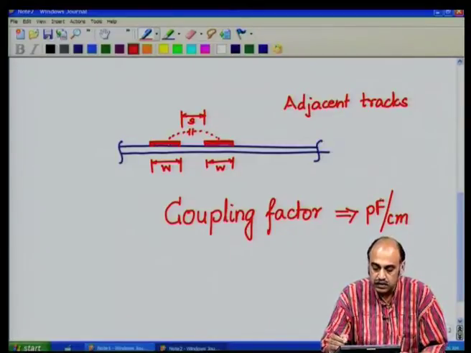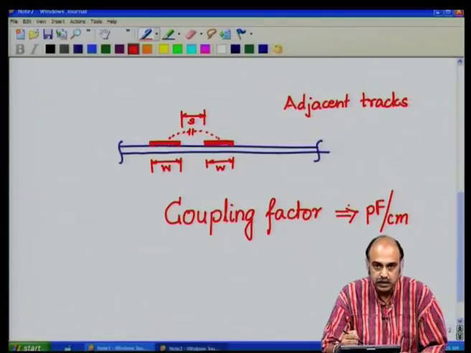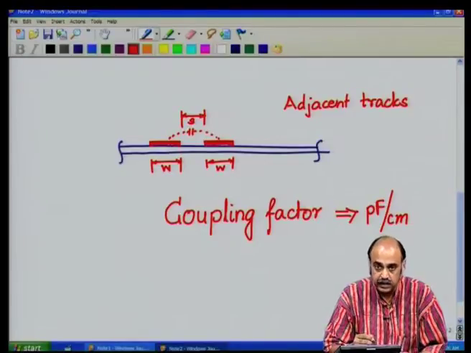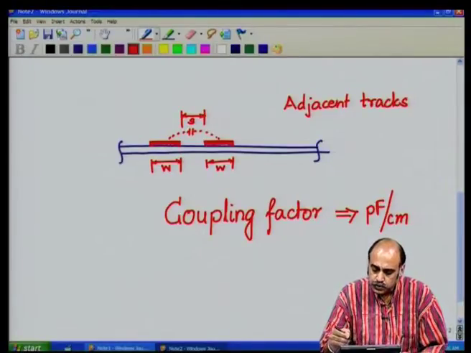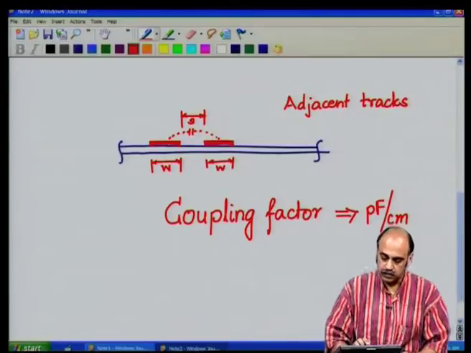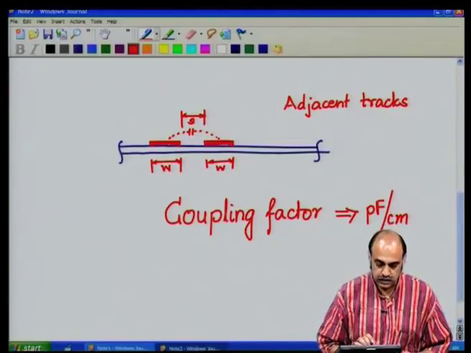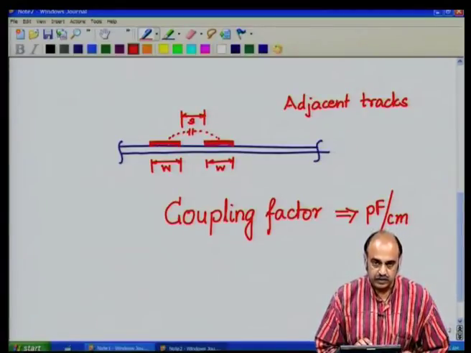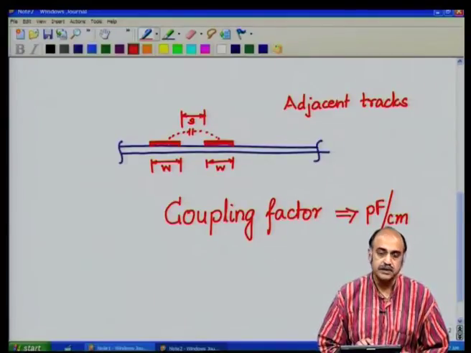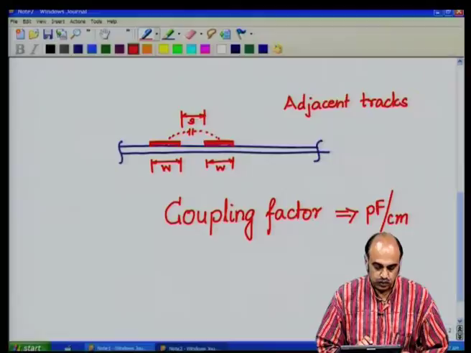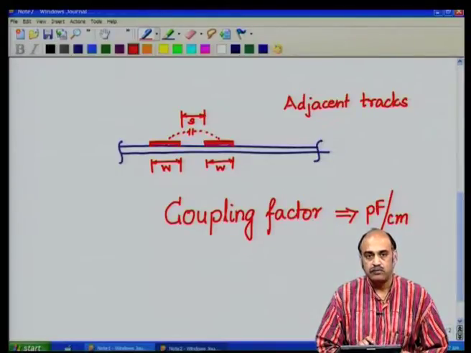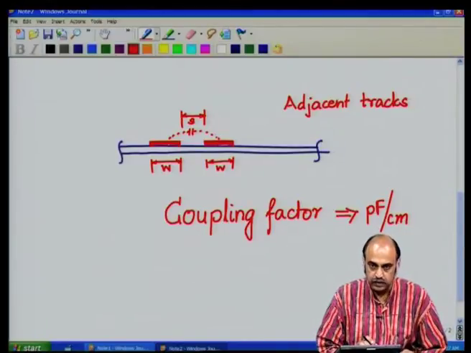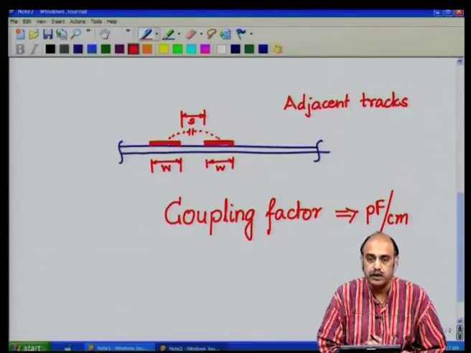So, for every centimeter run of the track, you will have so much pF resulting due to this particular position of the adjacent tracks. This is an empirical relationship, and let me give you the empirical relationship with its various symbols that is generally found in the literature, and probably you could use it as a basis for at least getting the near around value of the capacitance that you would get because of a particular routing.